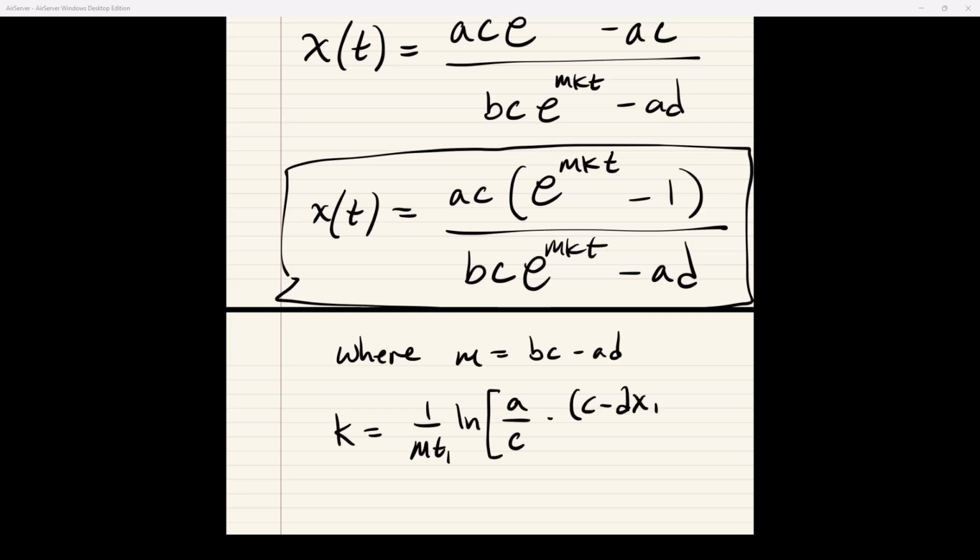That x1 being the given time, the given amount of chemical C at some later time. Right? That's divided by A minus B times the x1.